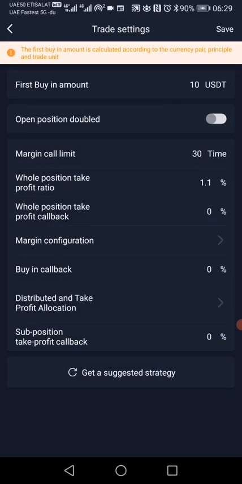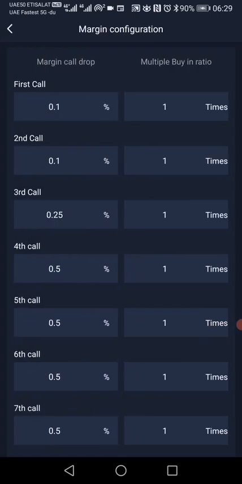So in summary, in the trade settings, you have the first buying amount, very, very important, because in the margin configuration, this multiple buying ratio will be referencing your first buying amount. So if you put 10 or if you put 50 for the first buying amount and you come here and put 1, what you are telling the robot is that for every call, buy one time, meaning buy 50, 50, 50, 50.